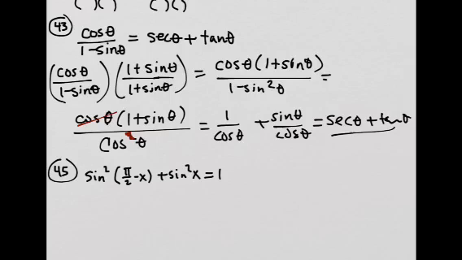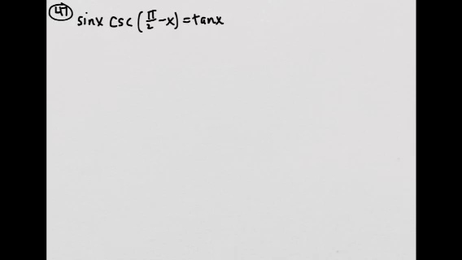And that's it. For 45, we're using the cofunction identity. So sine squared of pi over 2 minus x is cosine squared of x. Bring down the sine squared of x, and so this equals 1. And that one's done. Number 47 has a typo in the book.